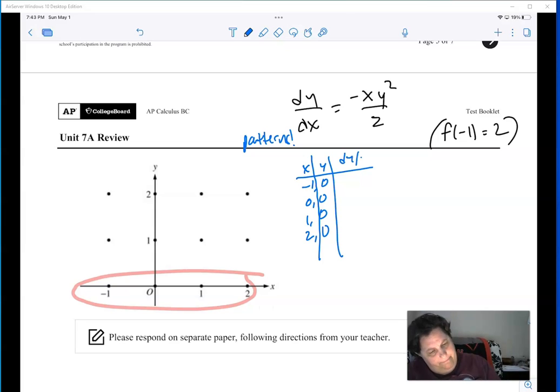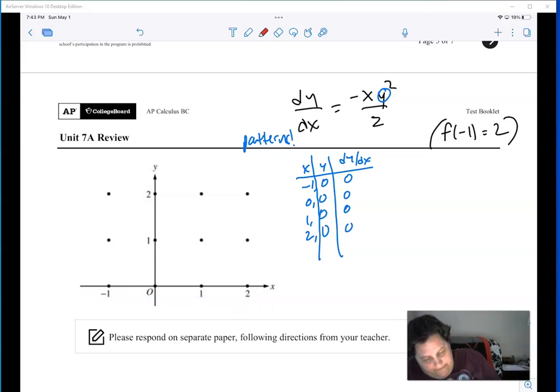For each of those points, no matter what x is, if y is 0, anything times 0 over 2 is 0. They're going to be looking for you to draw 0 slope at each of those.